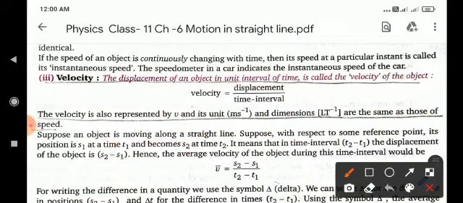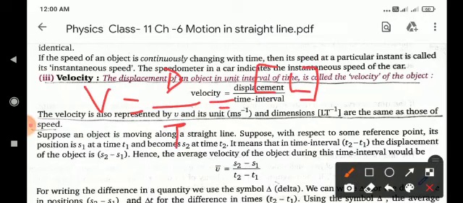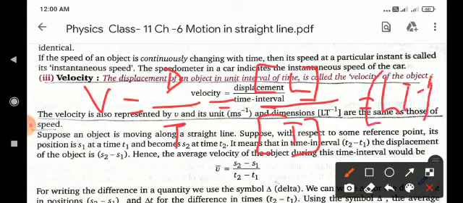And the dimension of velocity is displacement upon time: the dimension of displacement is L and of time is T, that is LT minus 1. Okay.